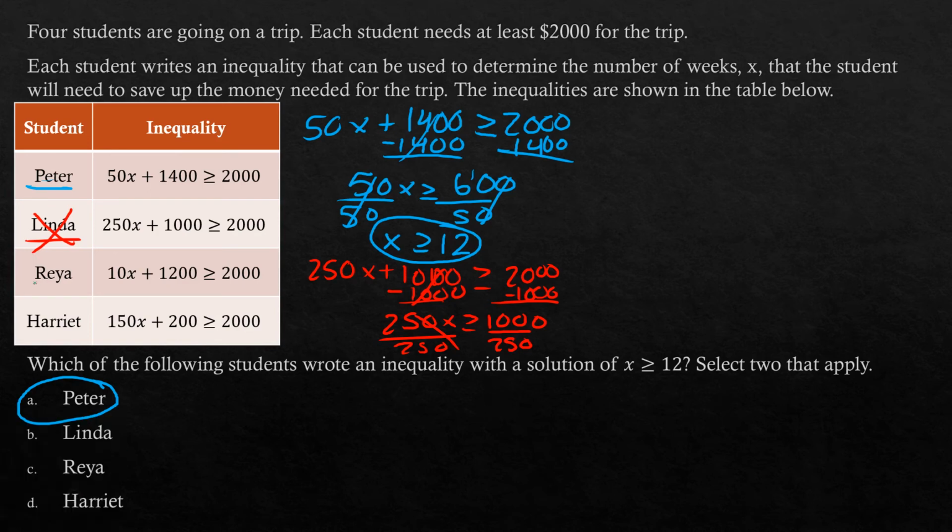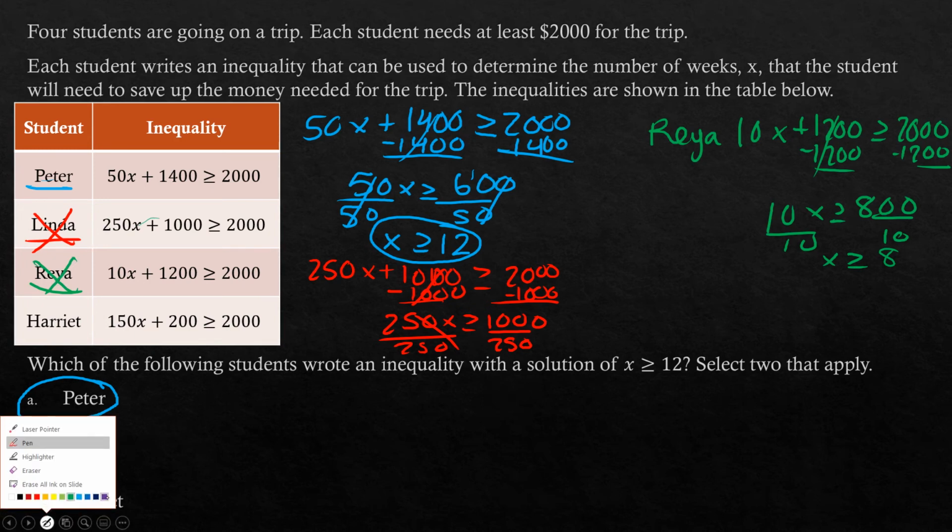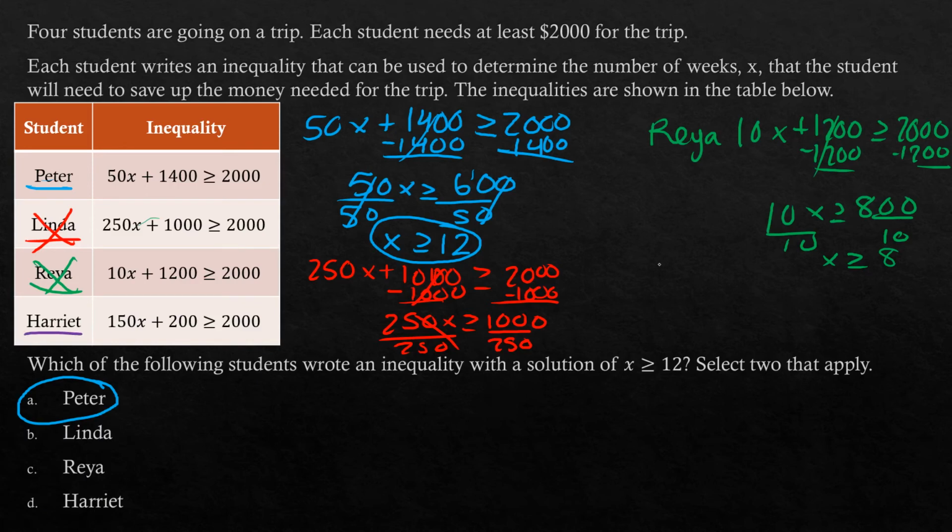And let's do Rhea. So 10x plus 1200 is greater than or equal to 2000. Subtract 1200 from both sides. I have 10x is greater than or equal to 800. Divide by 10. X is greater than or equal to 8. Rhea is a no-go.